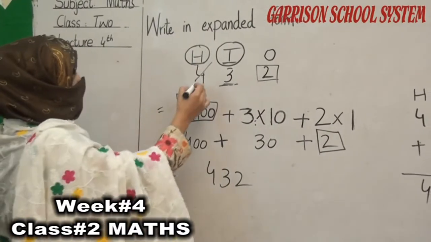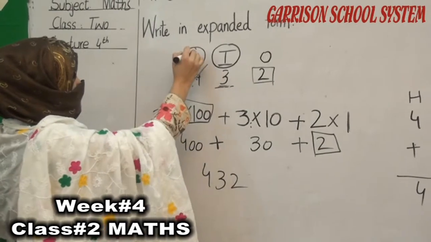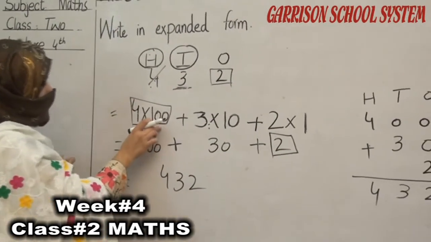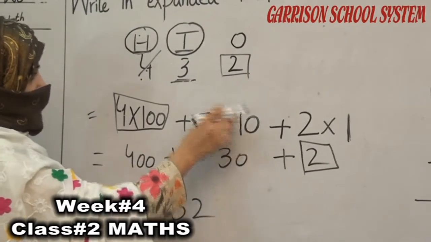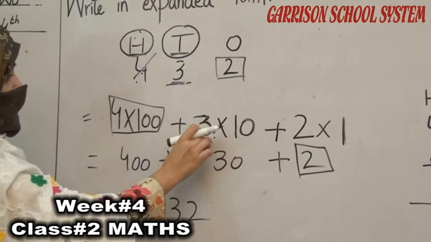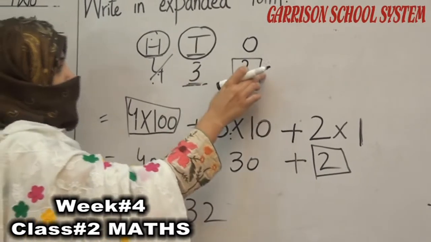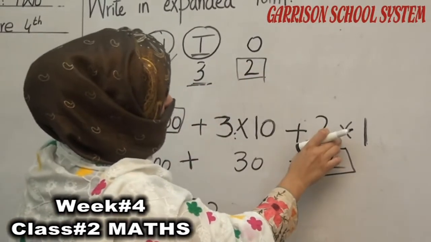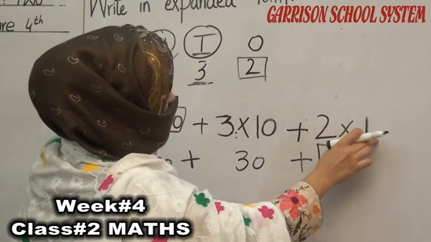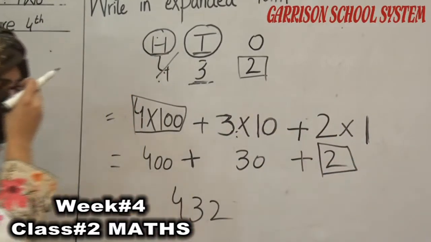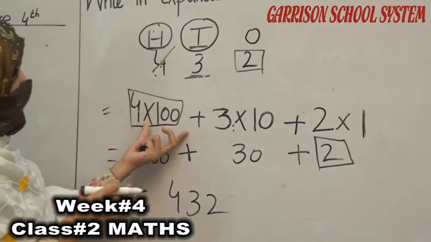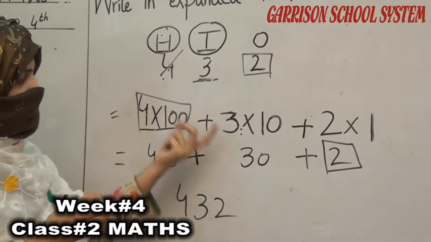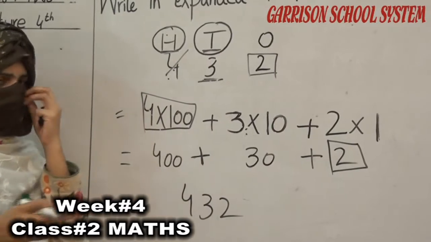As I told you, 4's place value is 100, so we write 4 multiplied by 100. 3's place value is 10, so we multiply 3 by 10. 2's place value is 1, so we multiply 2 by 1. Understand, students? In expanded form, we write these numbers separately according to their place value.